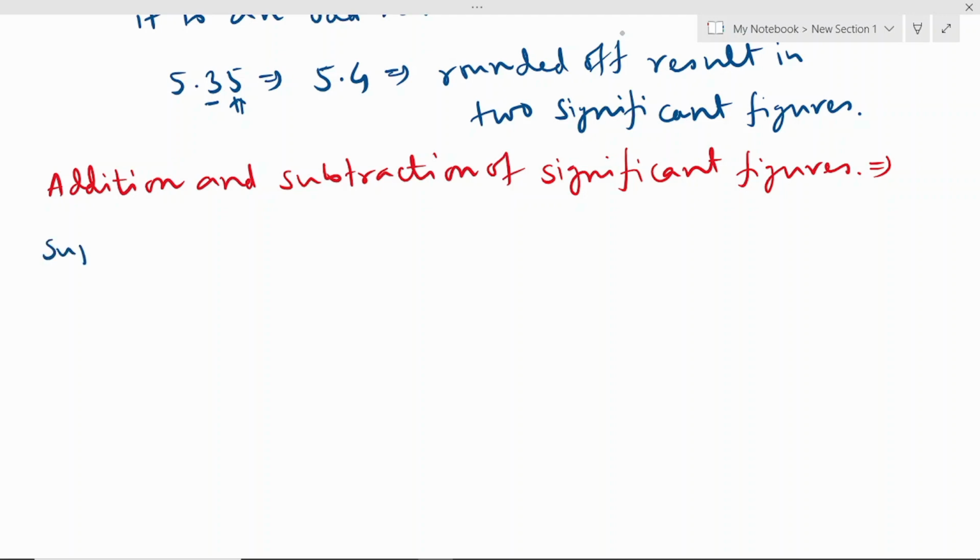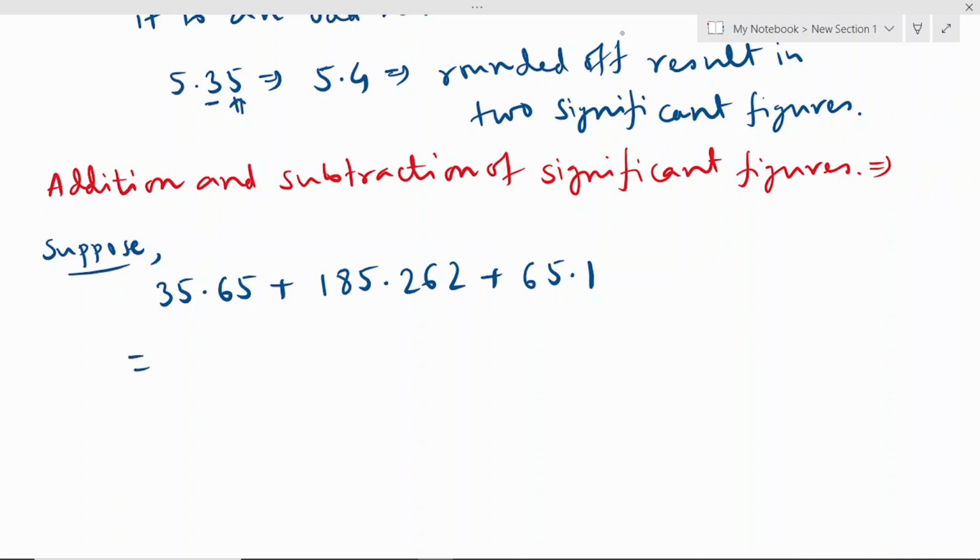Suppose 35.65 plus 185.262 plus 65.1. We have to add these three figures and reach the result in accurate significant figures. So the result is 286.012, and we have to round off this result in terms of accurate significant figures.